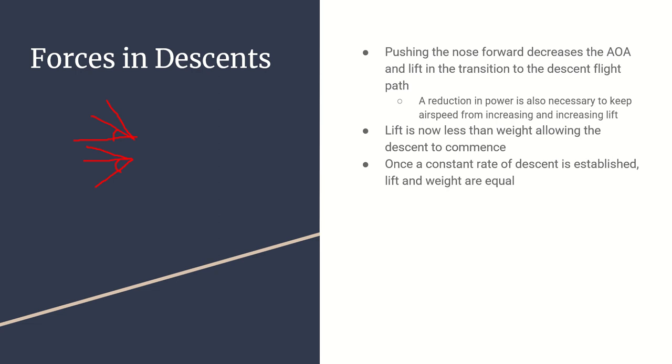So don't think that you have to have a super high pitch attitude when you're descending to stall the airplane, because you don't, right? And that's why we are so much more guarded in terms of airspeed management and energy management when we are descending, especially when we're close to the ground, because we know, A, that it doesn't take a lot for that wing to stall, the aircraft to stall, and two, we have less time to recover.